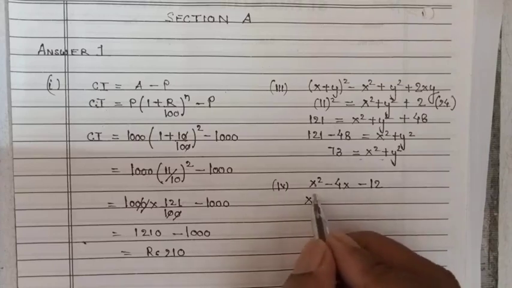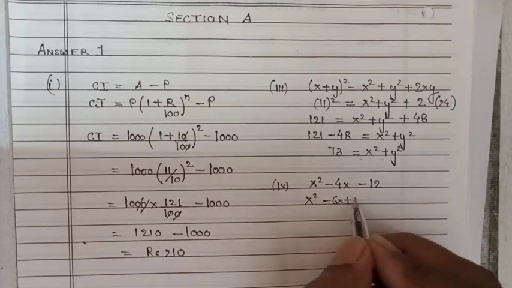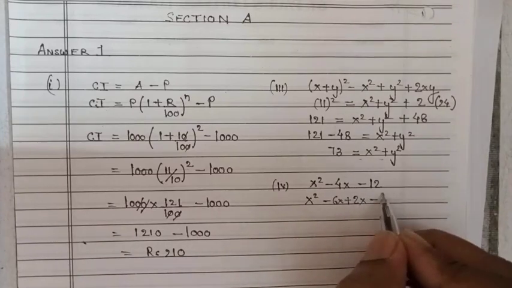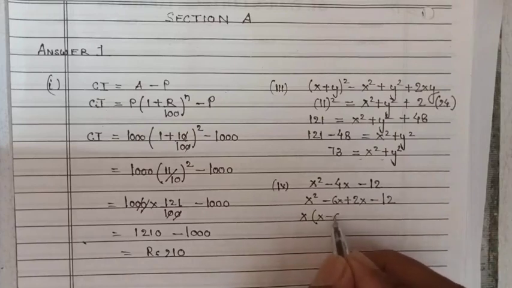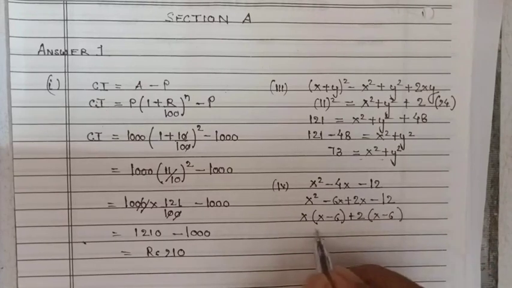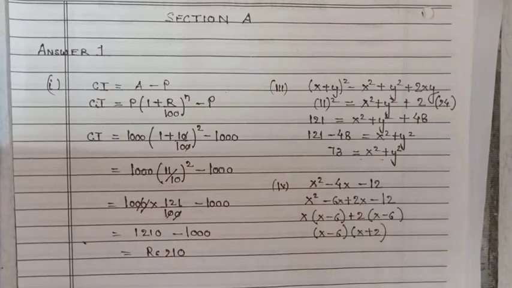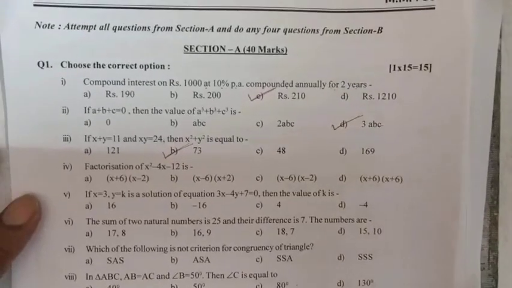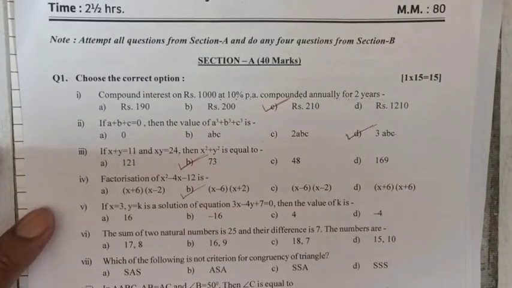So you can go for -6x and +2x. Taking x common from the first group, then taking 2 common from the second group, you are getting factorization as (x - 6)(x + 2). So factorization is (x - 6)(x + 2). So you will go for option B, this one.